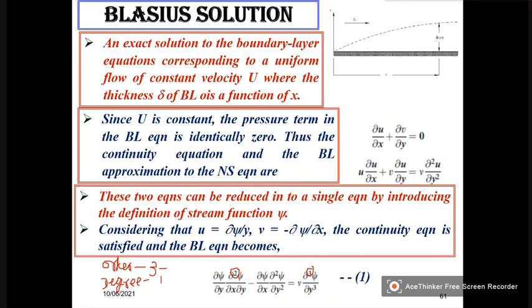So one is linear. Greater than 1, anything is parabolic.